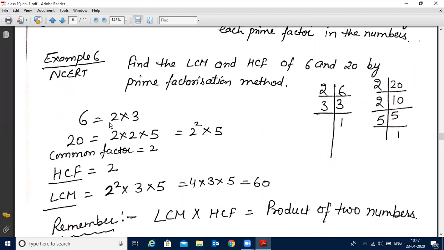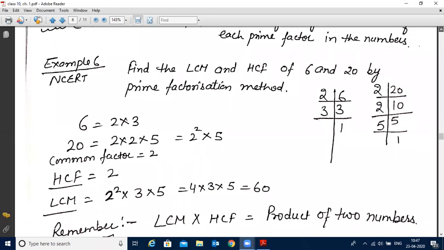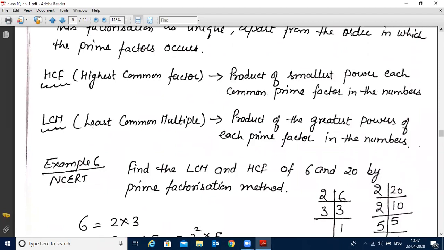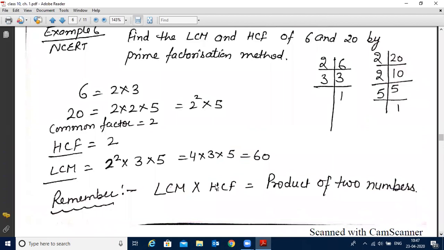The common factor here is 2. So what is the HCF? What you have learned in the definition of HCF is that it is the product of the smallest power of each prime factor. The smallest power of 2 is 1 here, so the HCF will be 2.